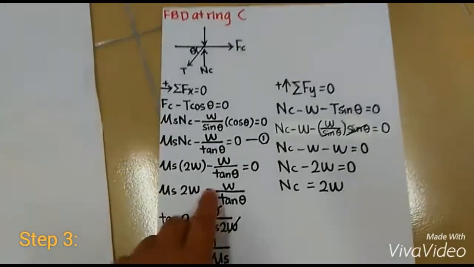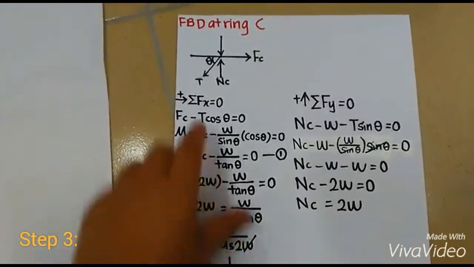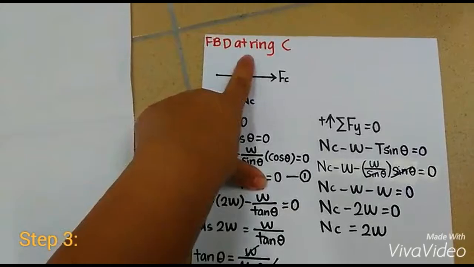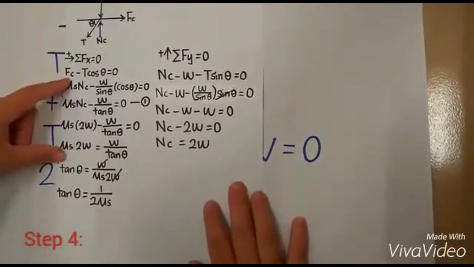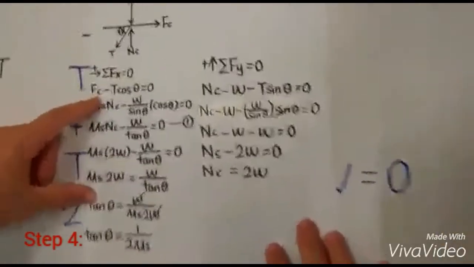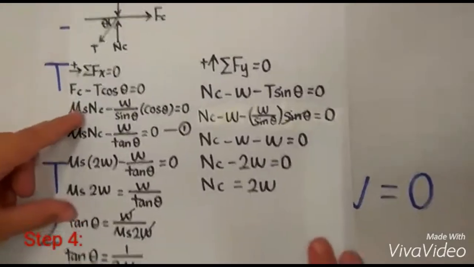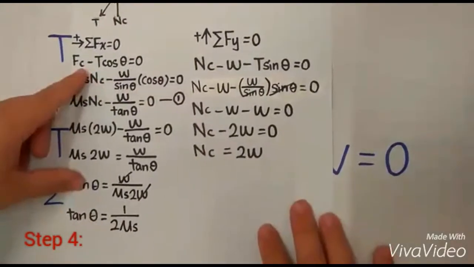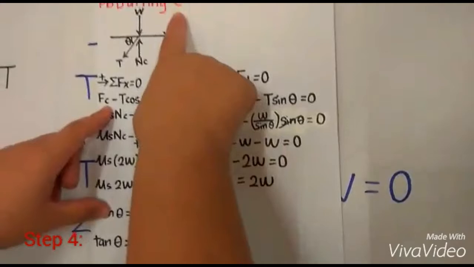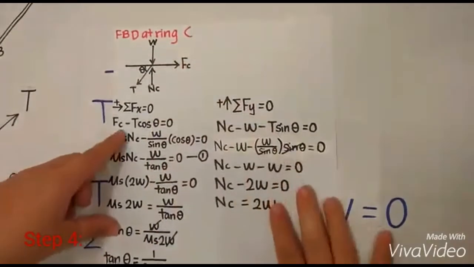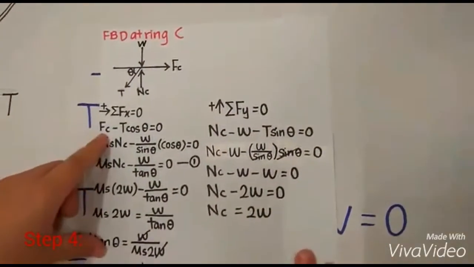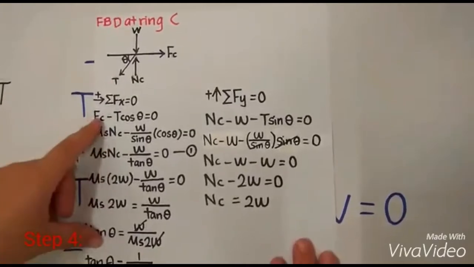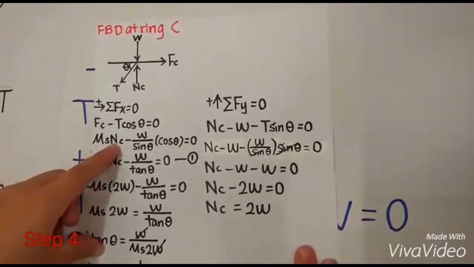Okay, first in our group, we assume the free body diagram at ring C. For the static frictional force, we know that F equals mu S N. But in this case it is at ring C, right? So the frictional static force is Fc equals mu S Nc.